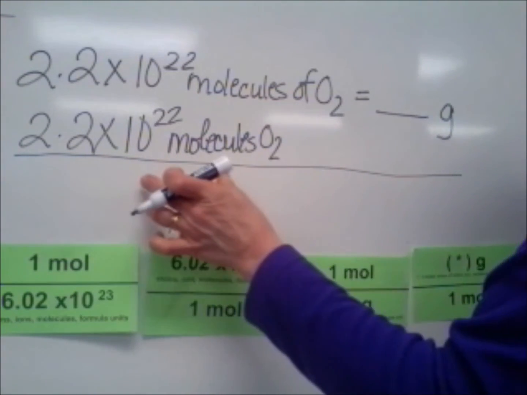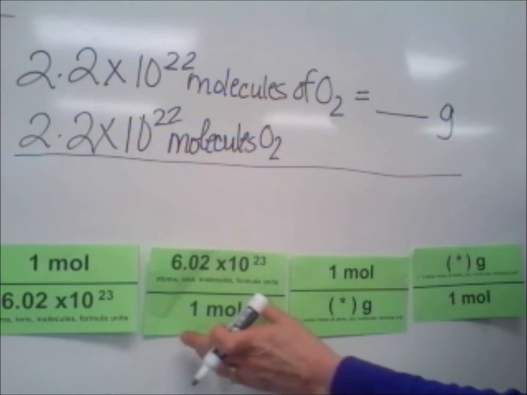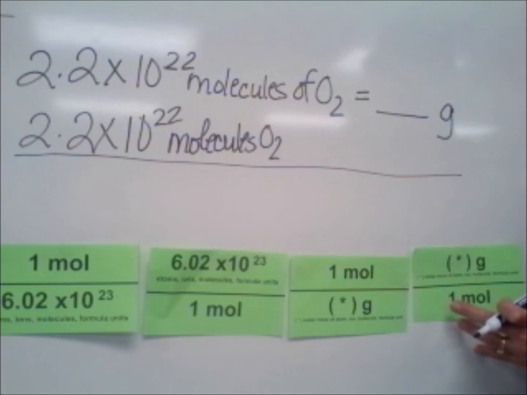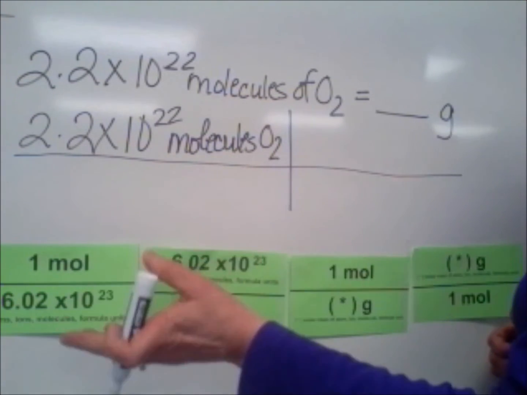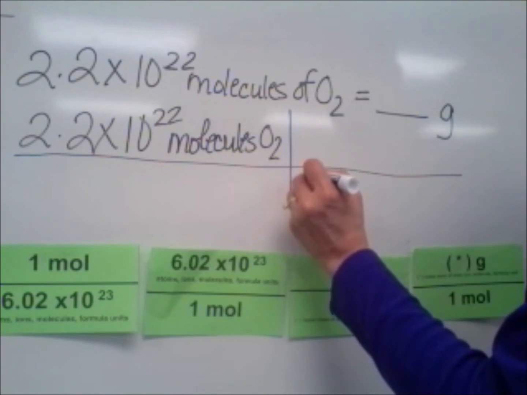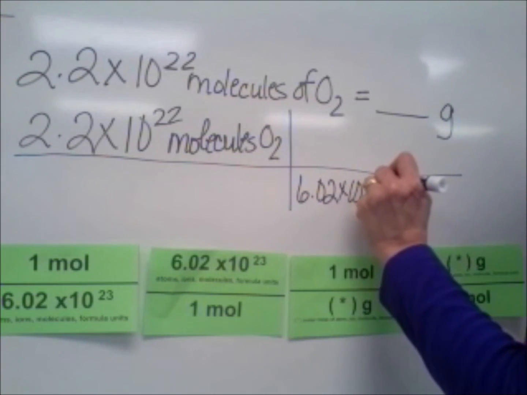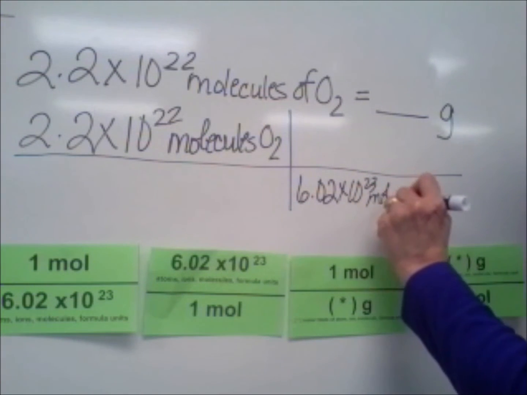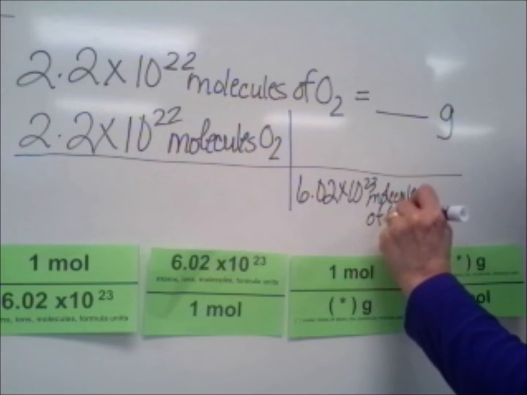Now again, we cannot convert molecules directly to grams. There is not a conversion factor that allows us to do this. So we have to pick the conversion factor that has molecules on the bottom, which is this one. And that's the 6.02 times 10 to the 23rd molecules of O2.